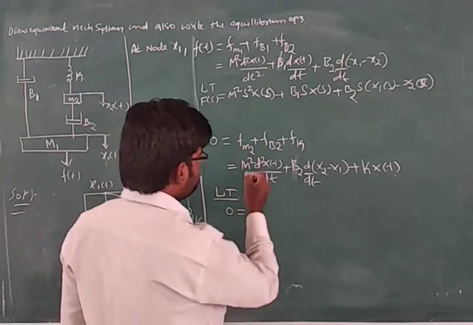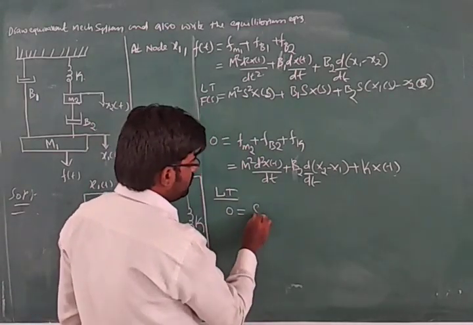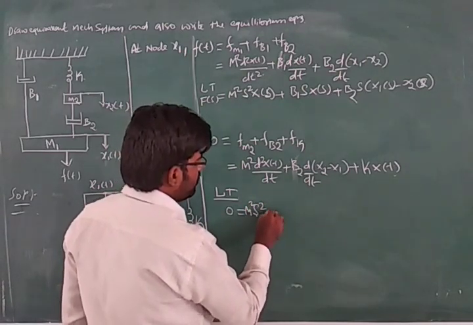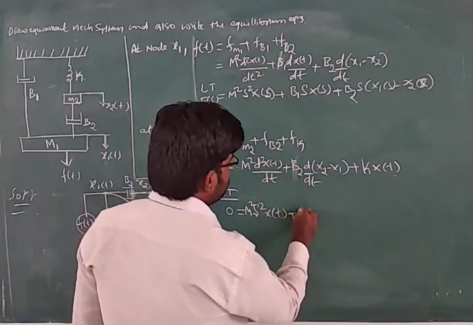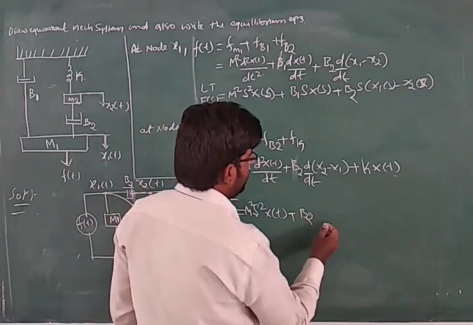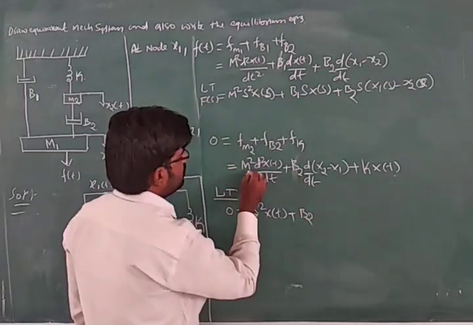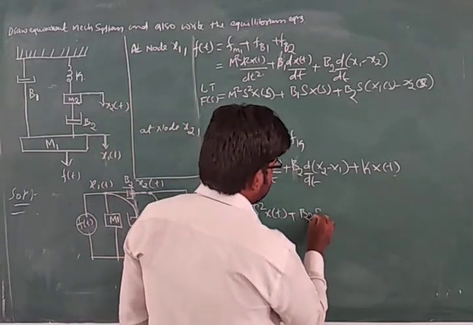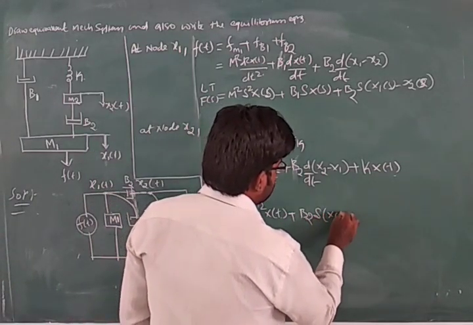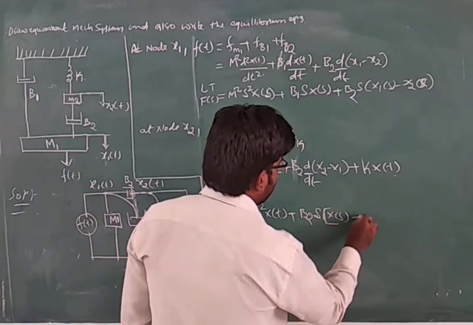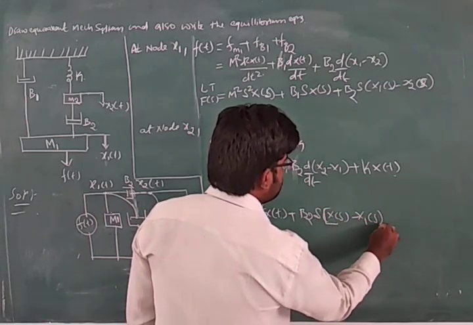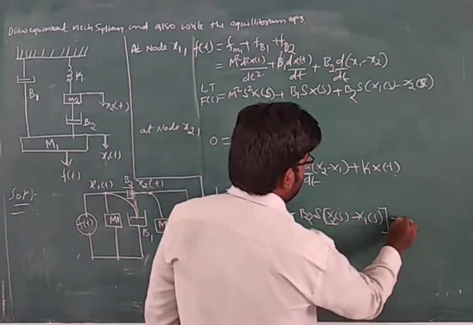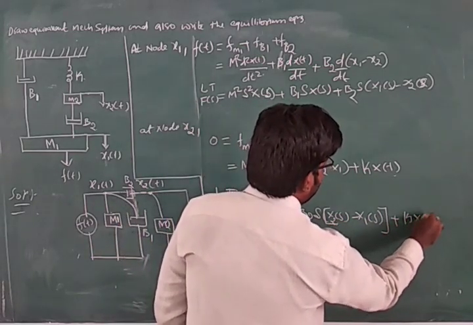So applying the Laplace transformation, 0 is equal to what you are getting? m2 s square x2 of s plus b2 s into x2 of s minus x1 of s plus k into x2 of s.